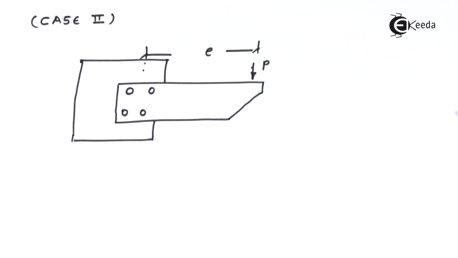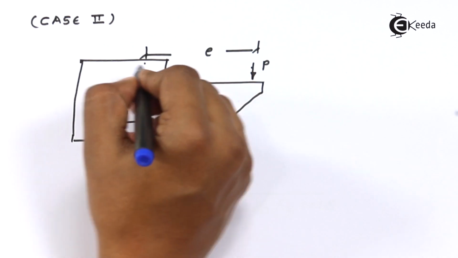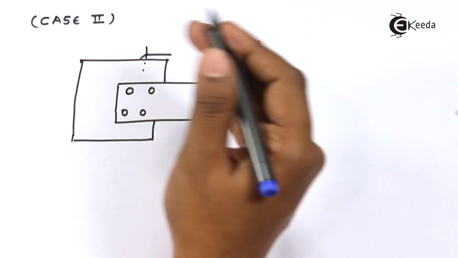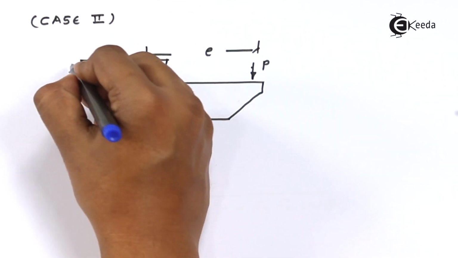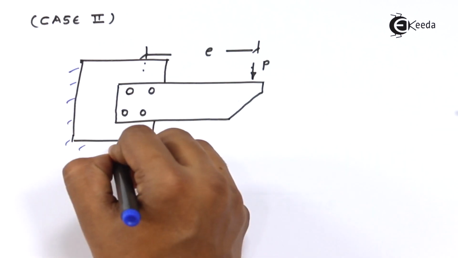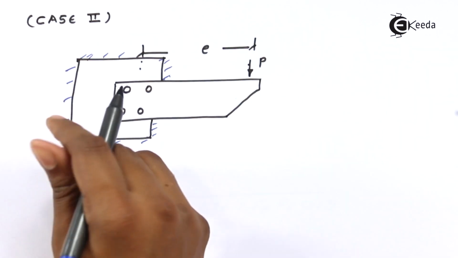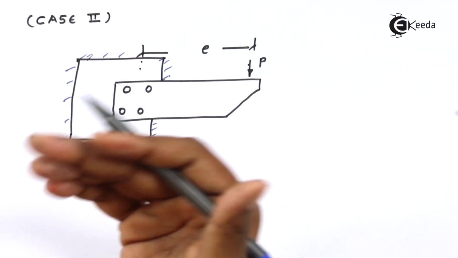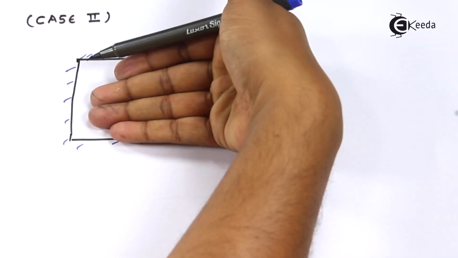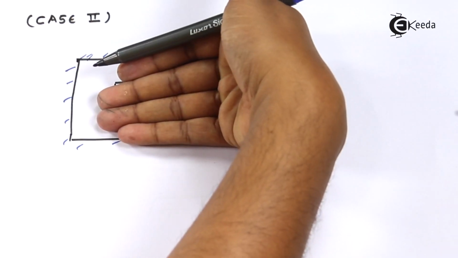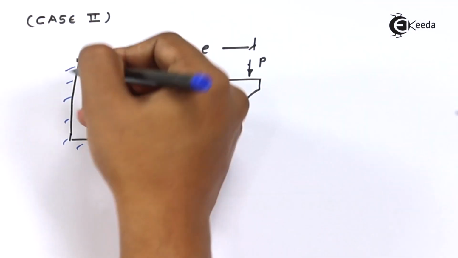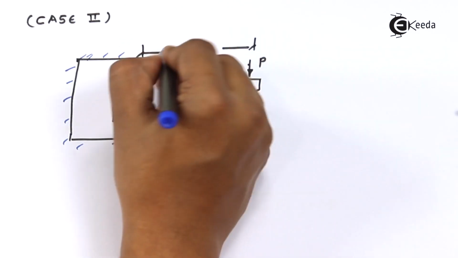Let's move to case number 2 quickly, where the bolt will be somewhat like this, or the thing will be somewhat like this. This will be the wall. Unlike the earlier case, this is how it will be in the same plane. The load and the wall will be almost in the same plane.